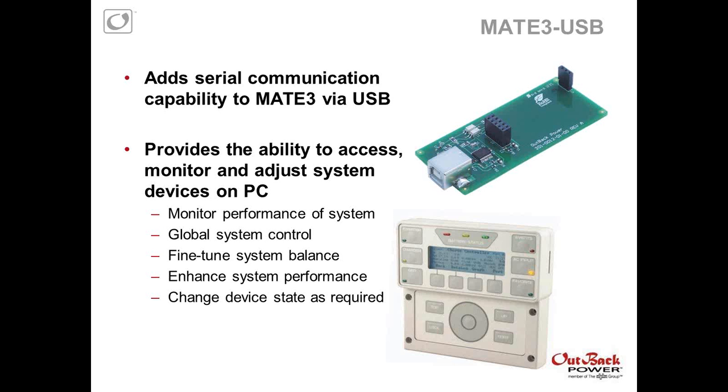So you can take a Mate 3 and walk up to an existing system that's been up and running for any number of time, years or days, and record the system configuration of that system. And it will capture, well, essentially every programming set point that exists at the moment on all the OutBack devices connected.